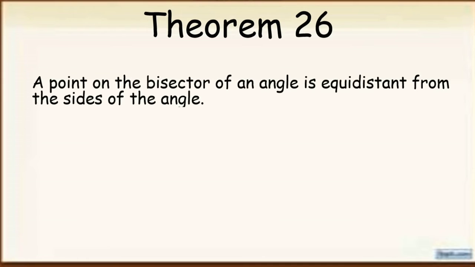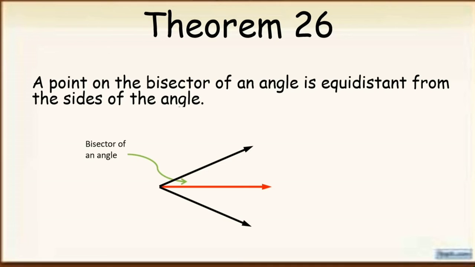Next, theorem number 26. A point on the bisector of an angle is equidistant from the sides of the angle. So yung point po dun sa angle bisector ay equidistant siya from both sides of the angle.